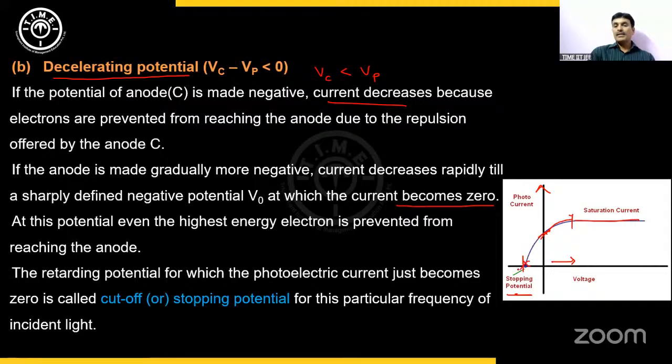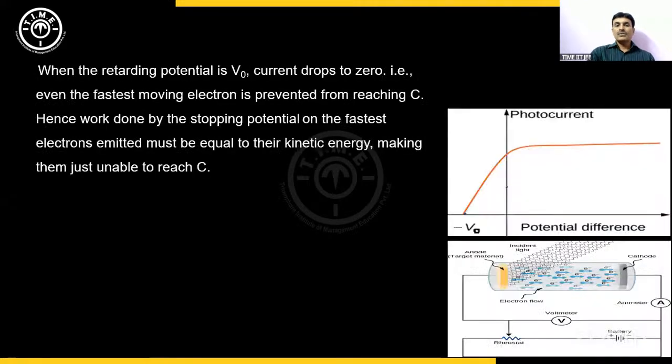That particular potential at which the photoelectric current absolutely becomes 0 is known as cutoff potential, cutoff voltage, or stopping potential, denoted by V0. So when retarding potential is V0, current becomes 0.